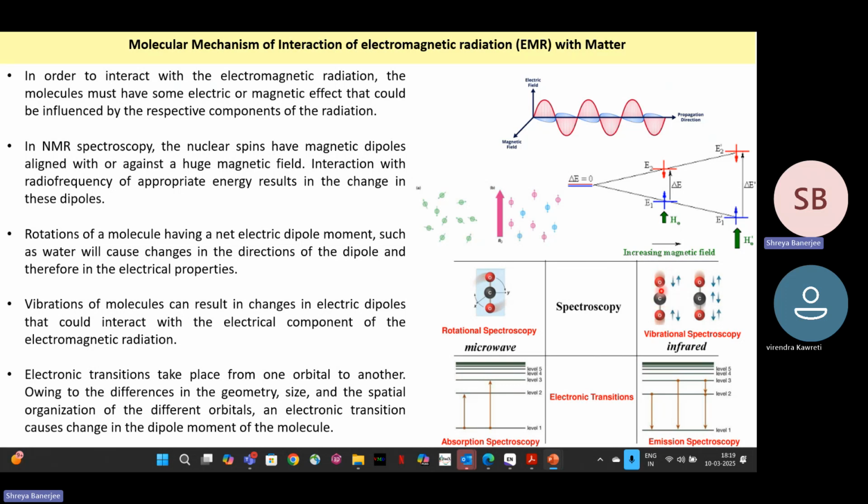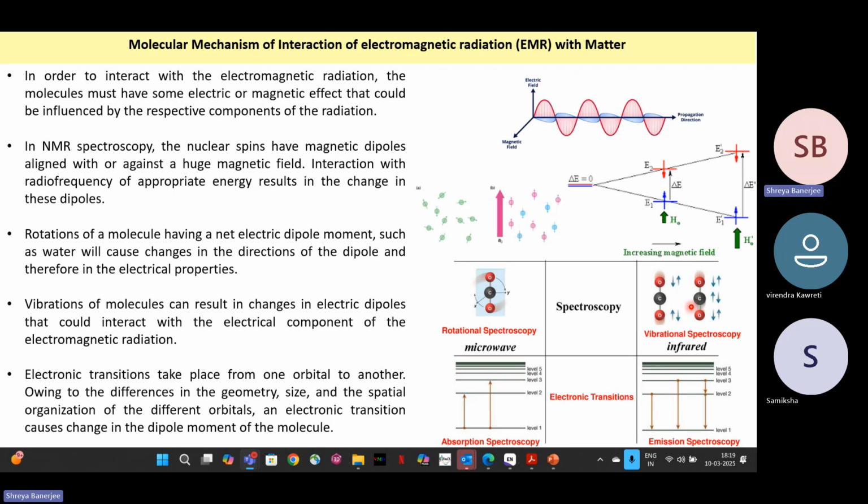The C and O bond can stretch outwards and inwards. We will go into the details of all this as we go along this class. So vibrational spectroscopy, where the bonds of the atoms vibrate, is studied using IR radiation.